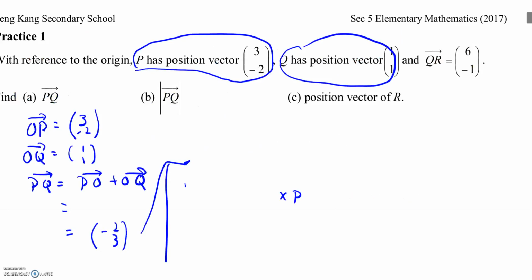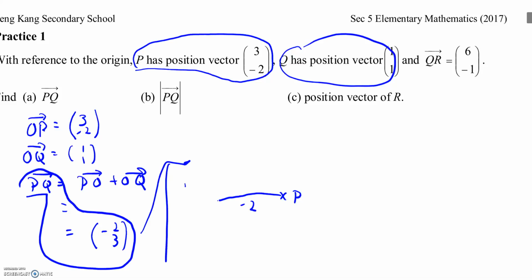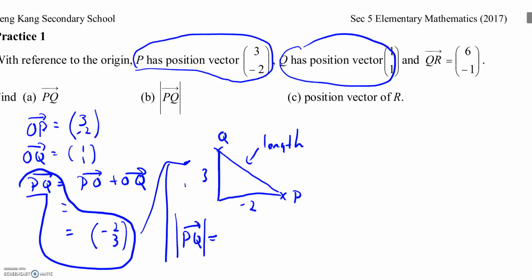Okay, check your practice one answer. So I want to talk about the magnitude. I say that PQ is (-2, 3). So PQ is negative 2, then I move 3 units, and this is Q. Now, can you tell me how to find the length? Pythagoras theorem. Now, you don't need to draw the diagram. All you need to understand is that it is just the square root of this number squared plus this number squared.